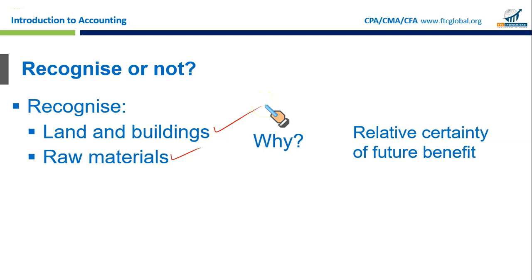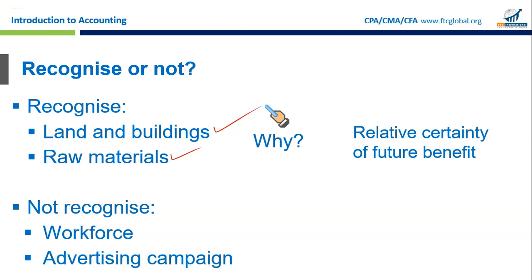Now let us discuss some other resources controlled by the business which we do not recognize. Workforce. A competent, capable workforce can generate economic benefit. Yes, they do. An advertisement campaign also generates benefits. So let us discuss why we don't recognize them. No doubt a skilled workforce is crucial for business operation. It does not meet the definition of an asset for recognition on the balance sheet.